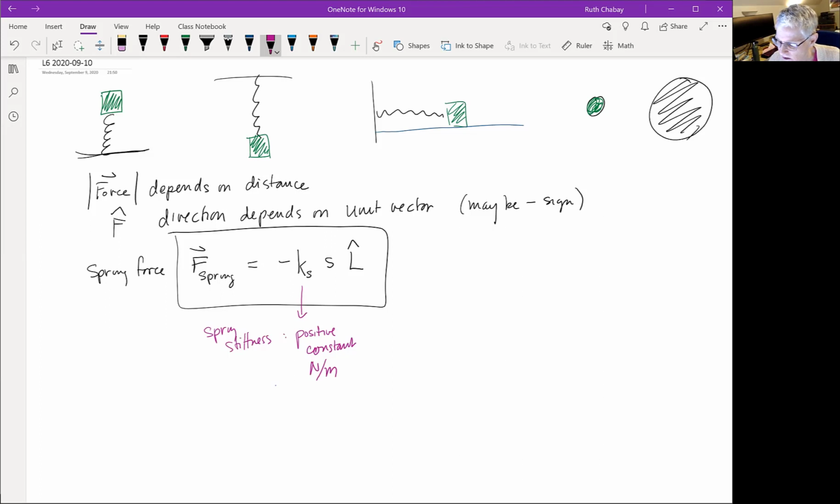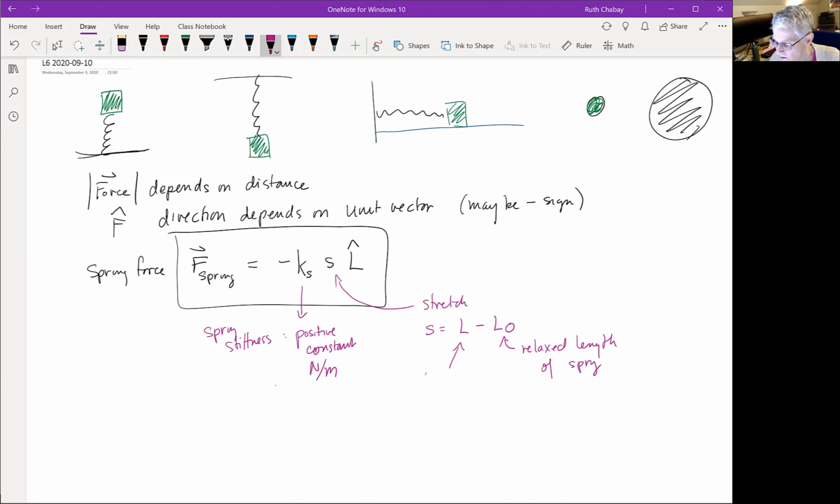This quantity S is the stretch of the spring. And we defined that last time as the current length of the spring minus its relaxed length. So this is the spring length when it's relaxed and nothing is touching it, the relaxed length of the spring.